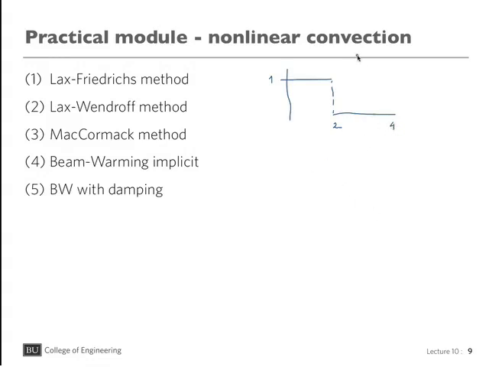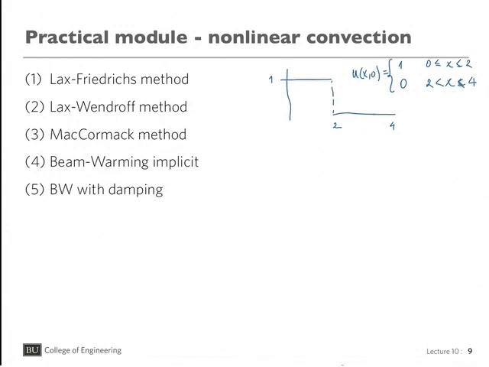So the value 1 is between 0 and 2. The value 0 is between 2 and 4. Okay, this is our initial condition, a traveling shock wave.